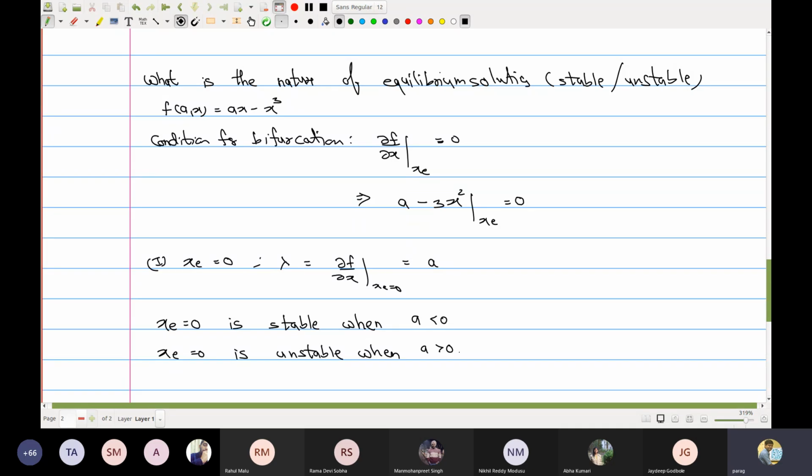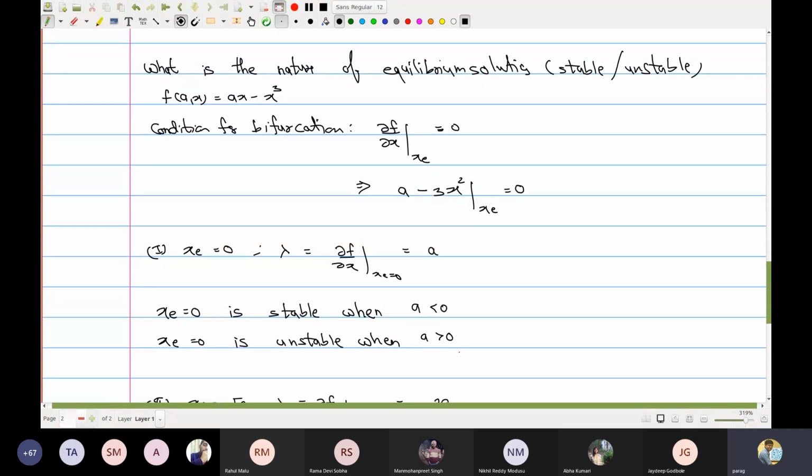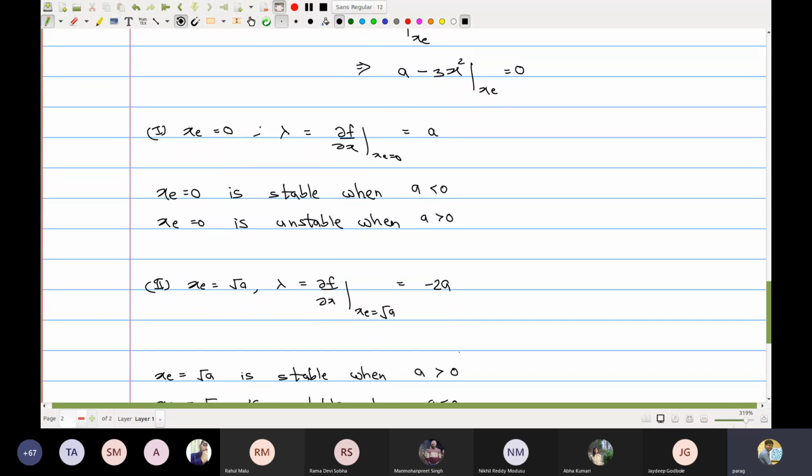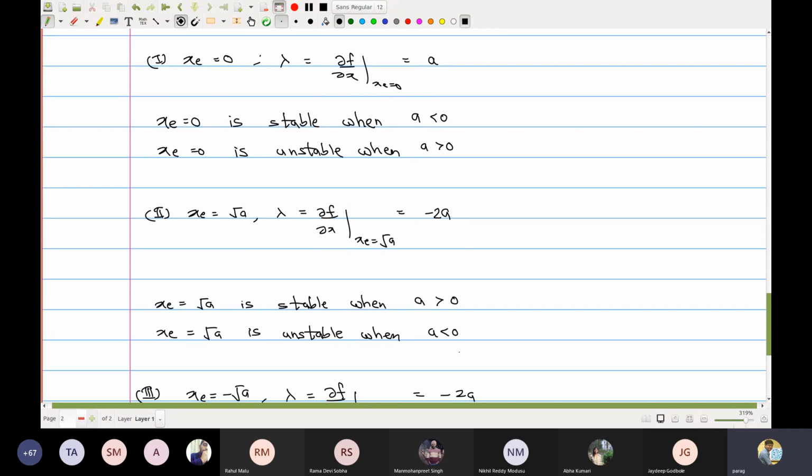Now we wanted to know whether x equal to 0, plus or minus root a are stable or unstable, for which I go for the condition for bifurcation. The condition is del f by del x at the point of equilibrium should be 0. For a generic condition, I got a minus 3x squared at xe equal to 0. Then I solved this at x equal to 0, plus root a, and minus root a, and I got six conditions.